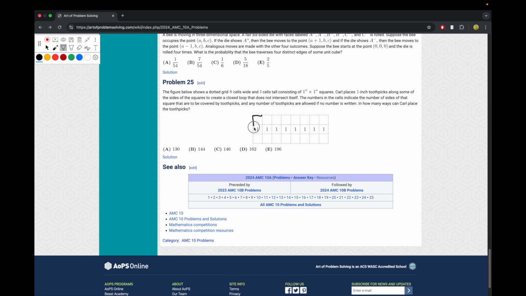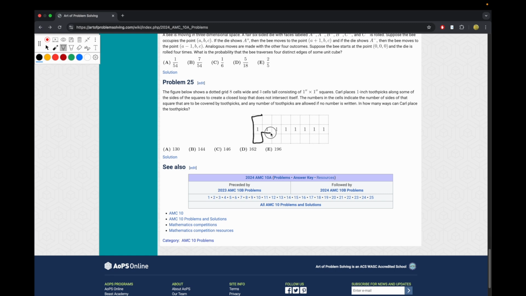Now, one thing that we can try is maybe this. But this is also a problem because then what we can do here is, wait, we need to touch it.